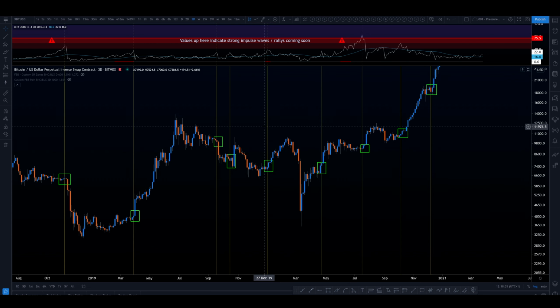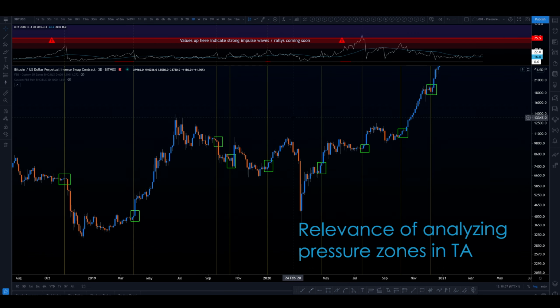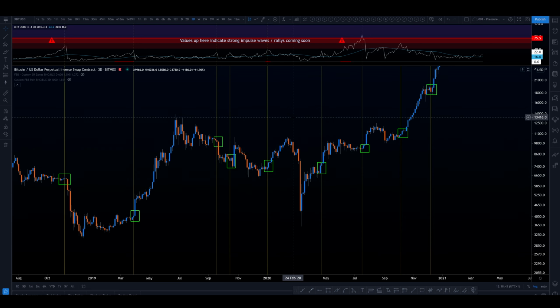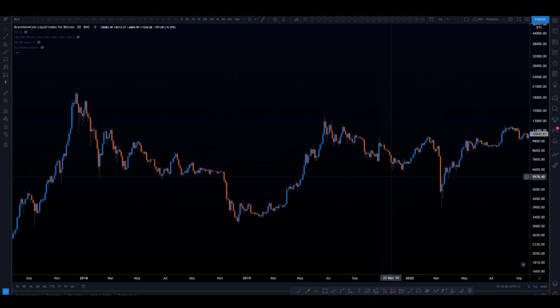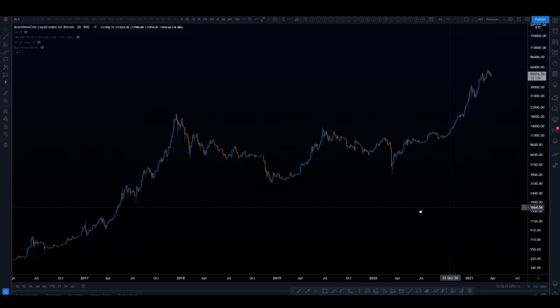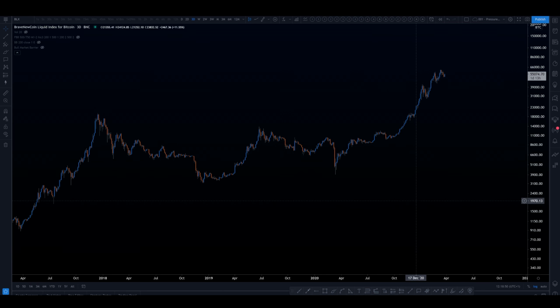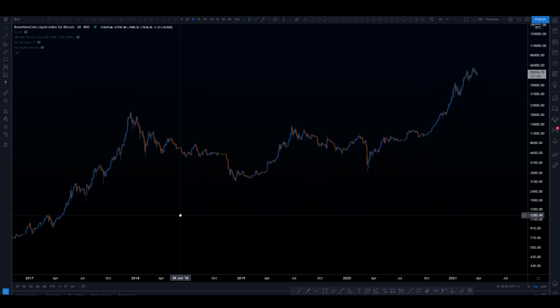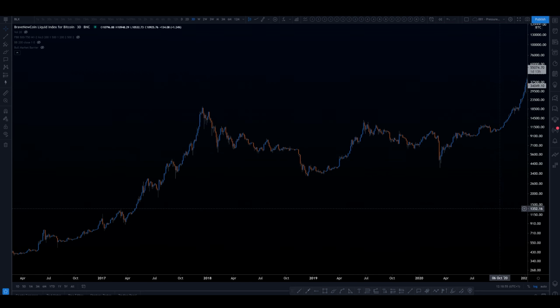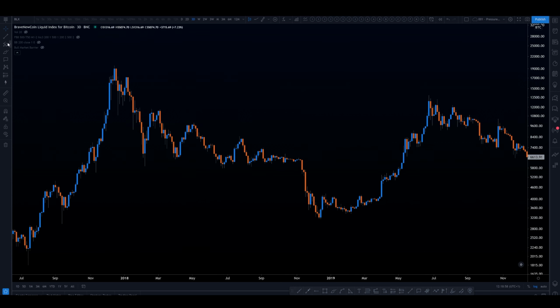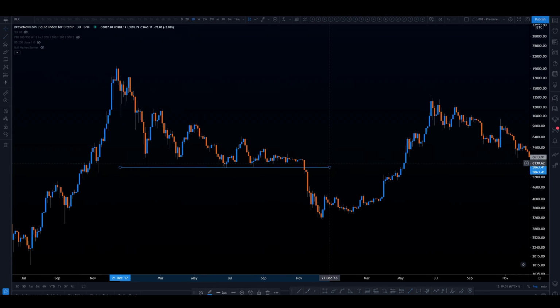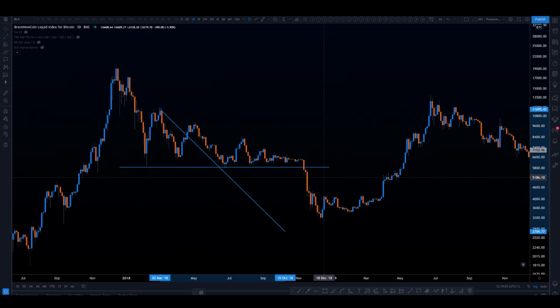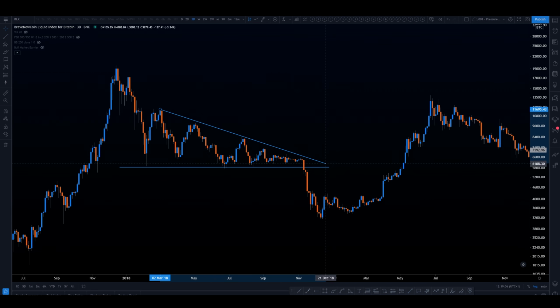Now let's talk about the relevance of pressure zones for technical analysis. What does it mean for us in the context of technical analysis? If I go back to this chart here, the 3-day chart of Bitcoin, I want to talk about two things. First of all, we do have this really nice descending triangle over here.